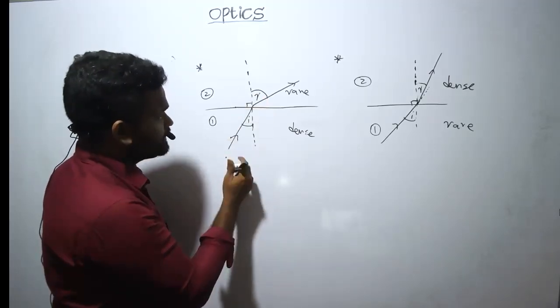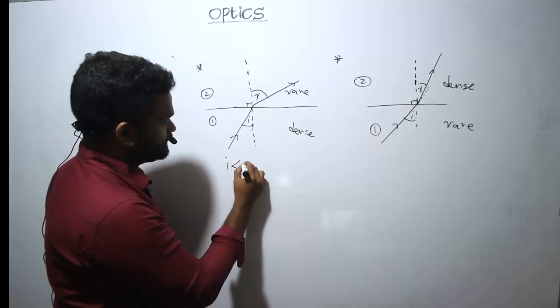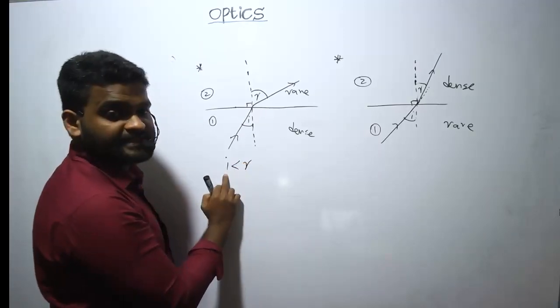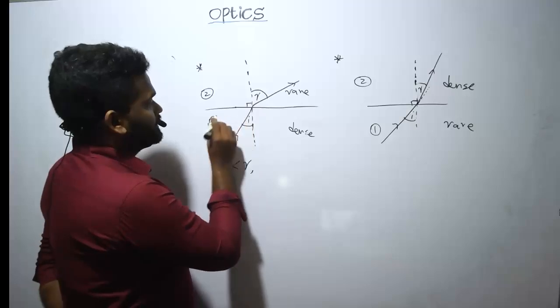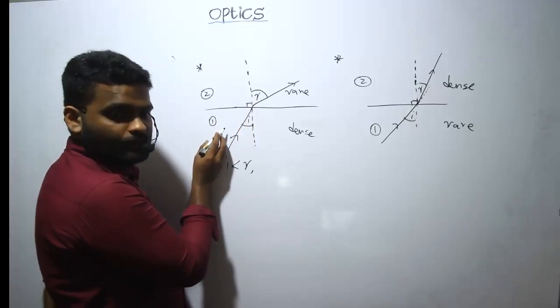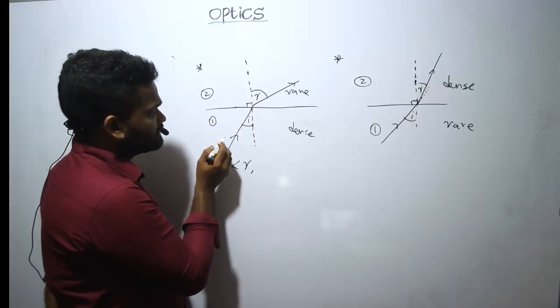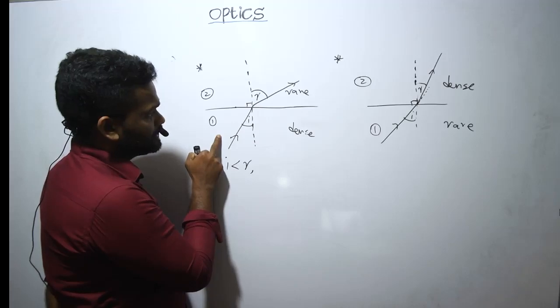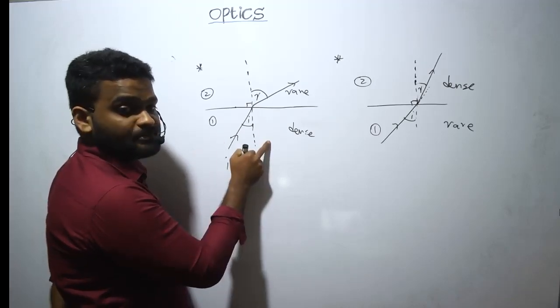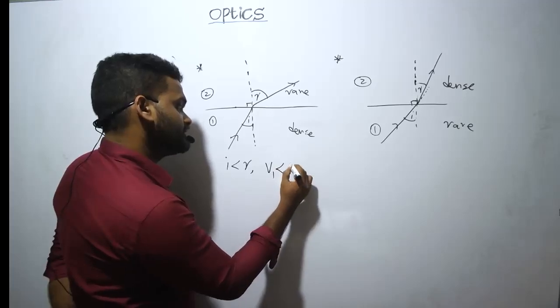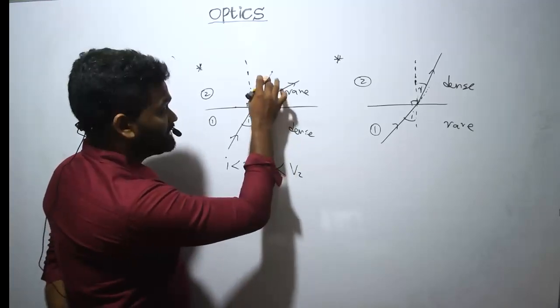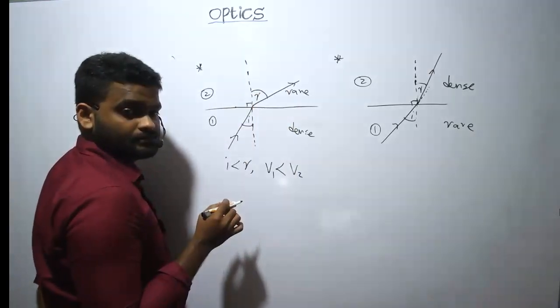Under this you can write, it is larger than the incident angle. And the speed of wave in this medium should be what? It should be less. In the dense medium, it is less. If it is V1, you can say it is less. In the rare medium, it is larger.